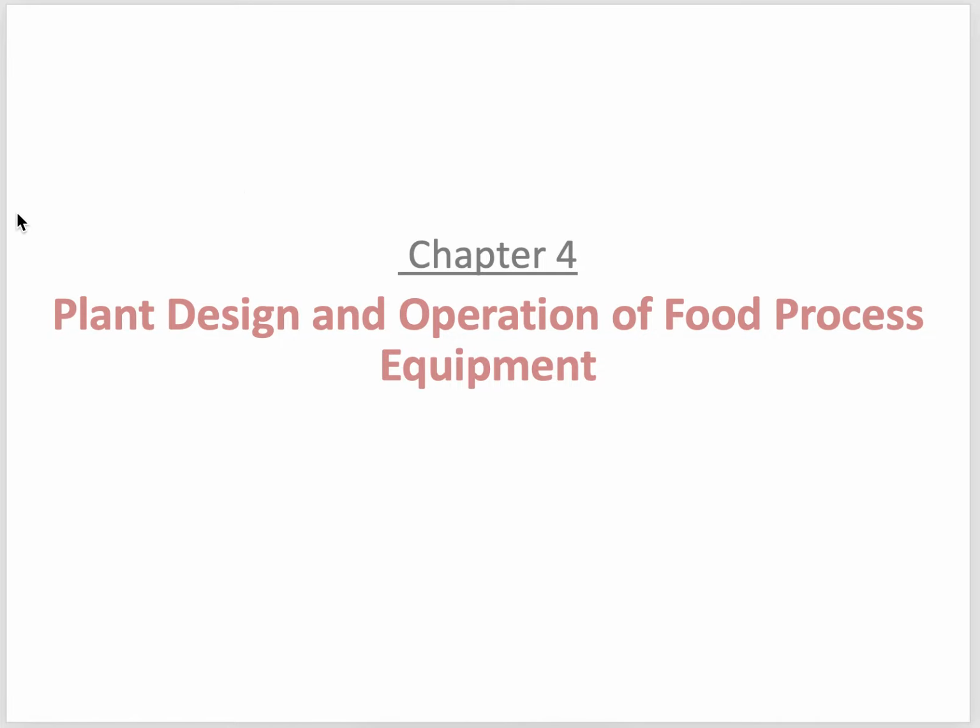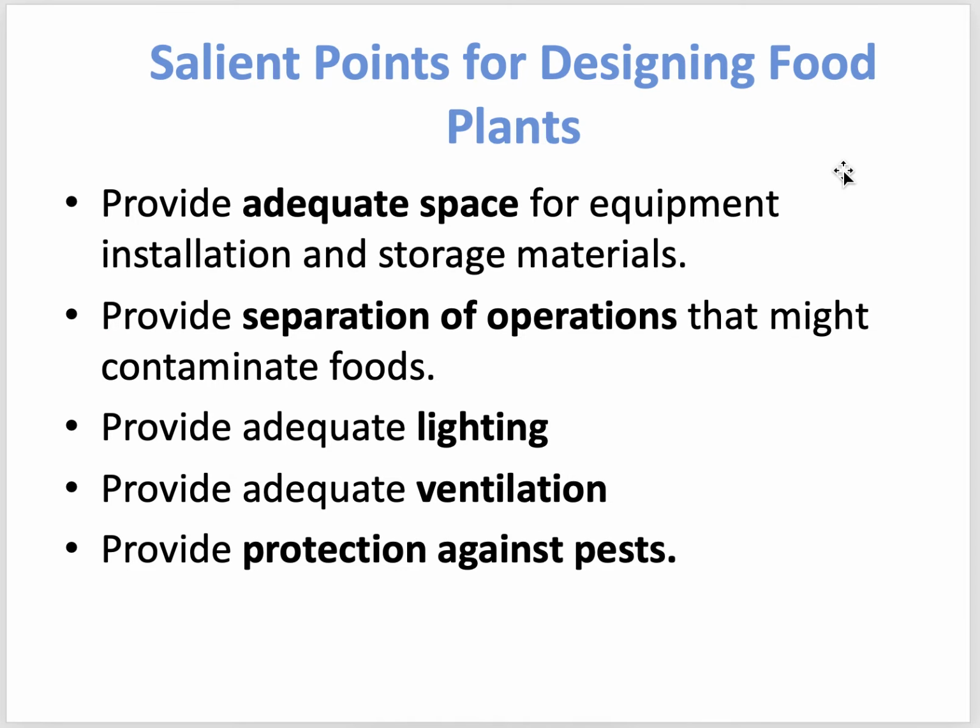So let's start. First, when we want to design a food plant, there are certain points that we should keep in mind. Such as, there should be adequate space, enough space for all the equipment that will be installed, and enough space for the storage materials.